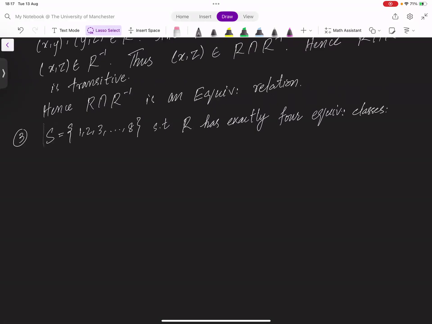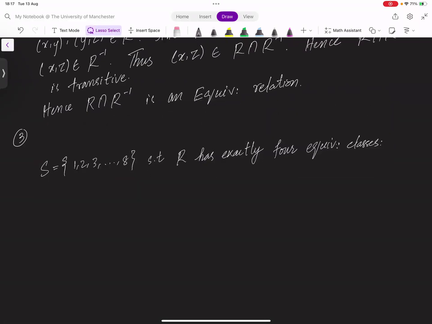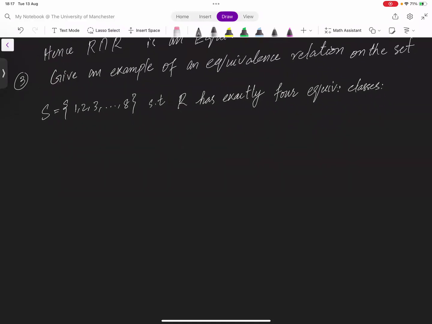So maybe I should write that also. Give an example of an equivalence relation on this set. Solution.